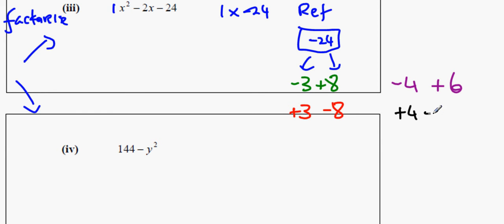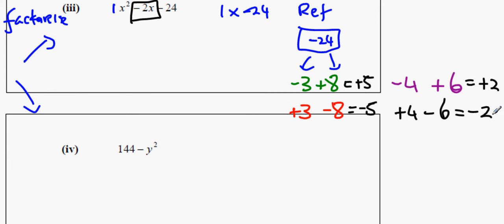Now, whichever one we choose, it has to be equal to minus 2. So let's go for the green option. The green option would give us plus 5. That's no good. The red option gives us minus 5. No good as well. The purple option gives us plus 2. That's no good. I want minus 2. So plus 4 minus 6, that gives us minus 2.